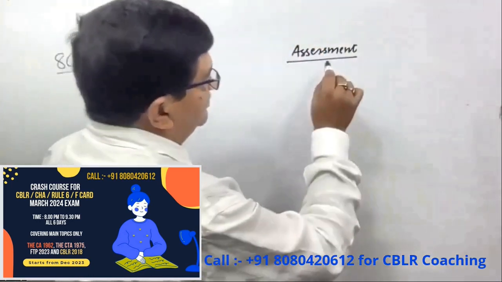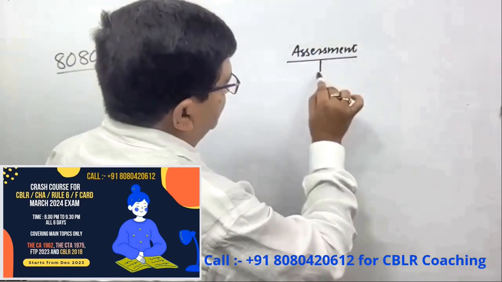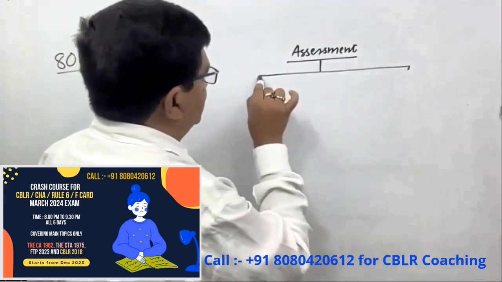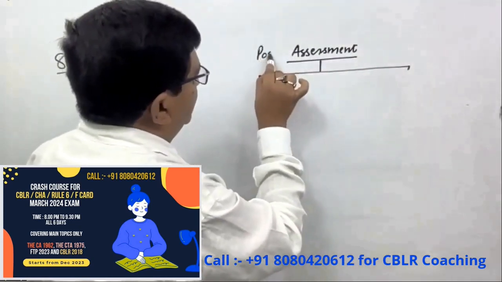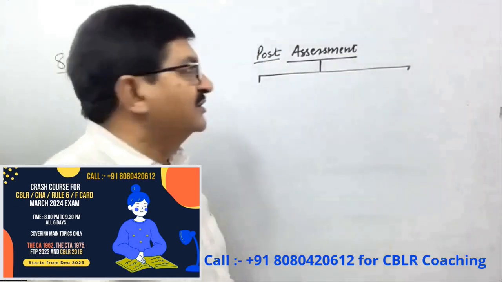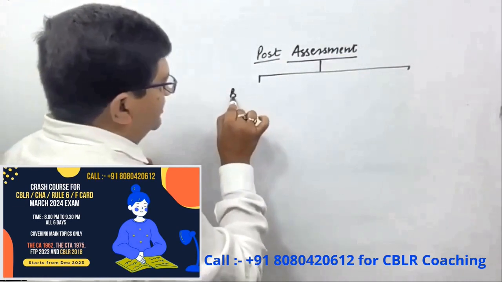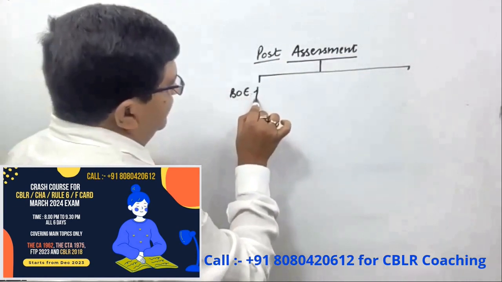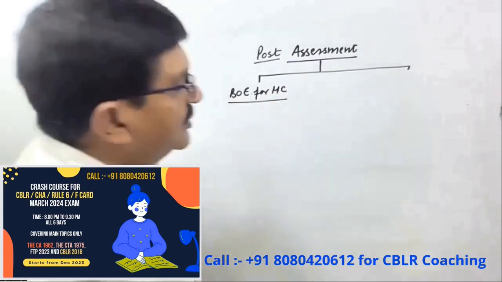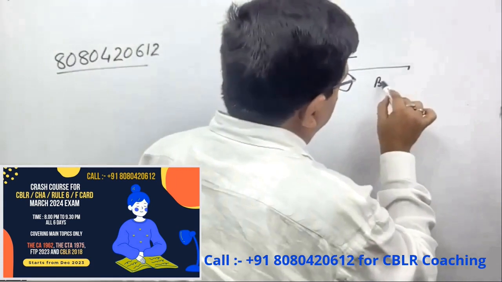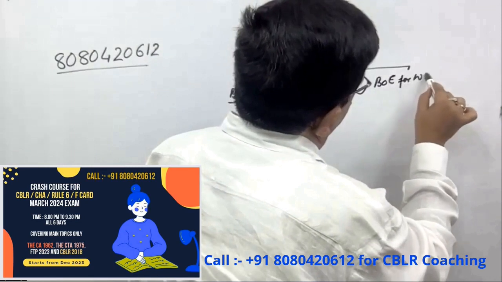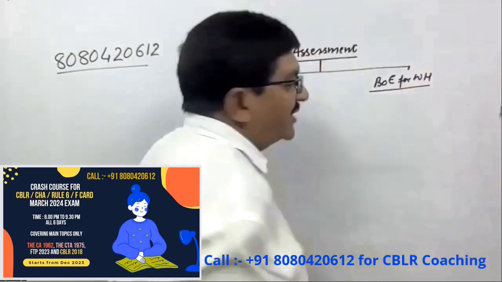So after assessment, the next step is in two parts. You can add the words post assessment, what is required. So bill of entry for home consumption or bill of entry for warehousing is required.